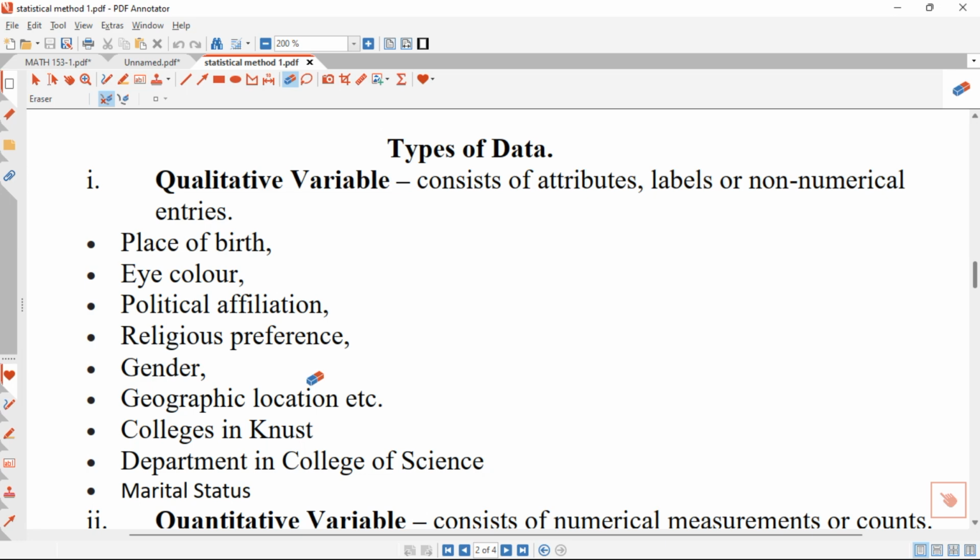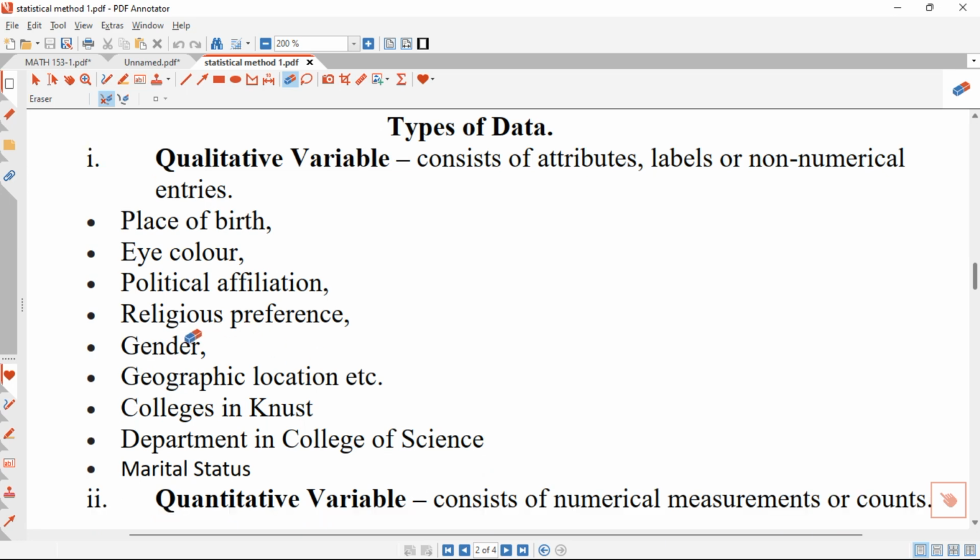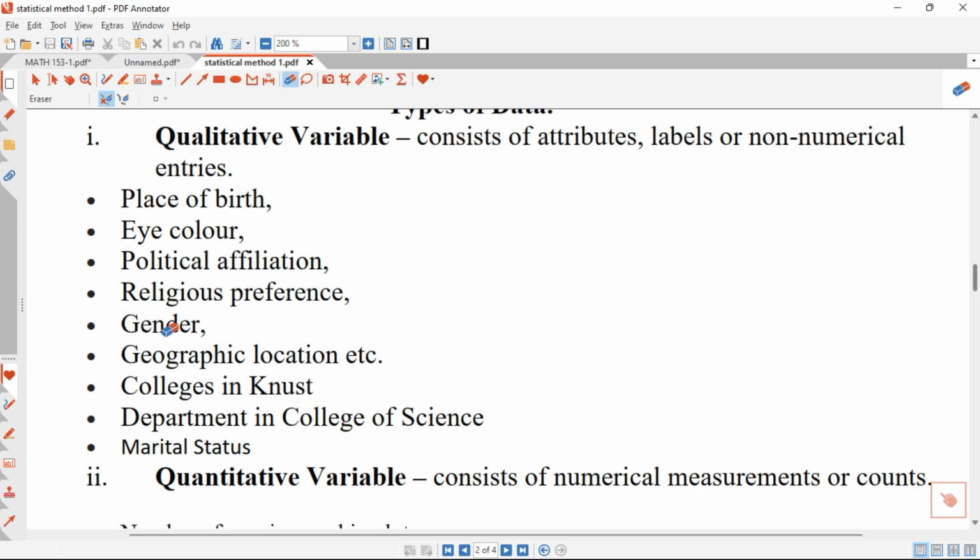These are all qualitative variables. And then we have gender. The gender that we have here will be in the form of what? Male and female. They are all forms of qualitative variables. We have geographic location, colleges in the university. The university has about 6 colleges: College of Science, College of Humanities and Social Sciences, College of Engineering, College of Allied Health Science, and many more.